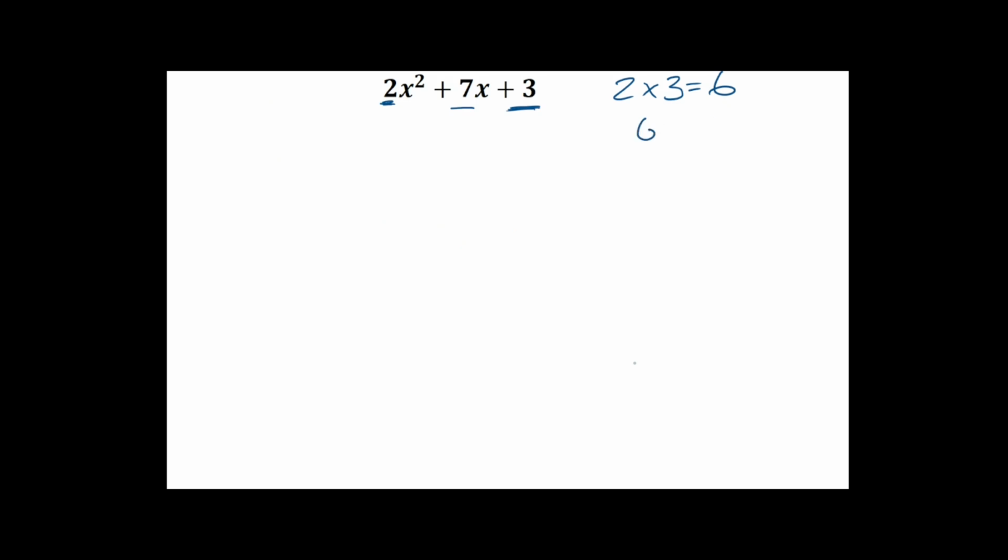Okay, well let's look at the factors of 6. There is 6 and 1. There is, for the sake of argument, negative 1 and negative 6. There is 3 and 2.